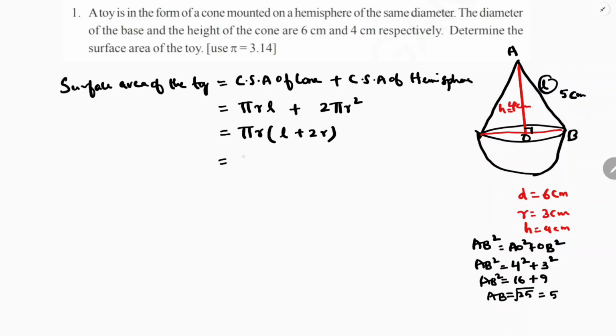Now if I substitute the values, pi is 3.14, radius is 3, slant height is 5 plus 2 times radius, which is 3. So 3.14 into 3 into 5 plus 6.